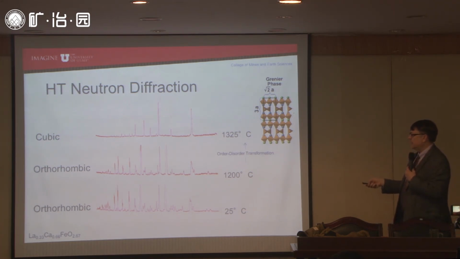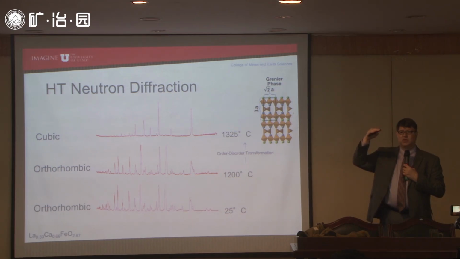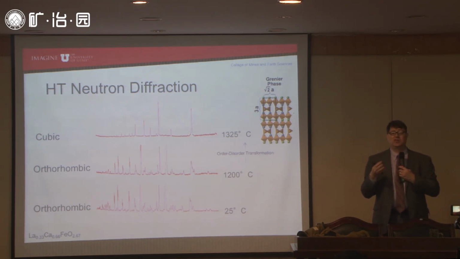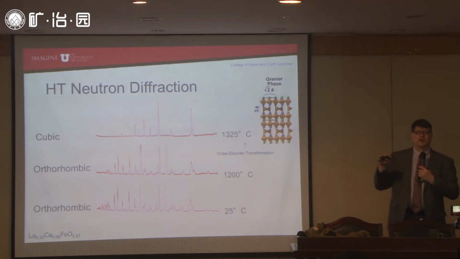In other words, at these temperatures down here, the lanthanum atoms and the calcium atoms are all on 101 planes. They're all ordered. But as you go above that 1320 degrees C, and it becomes cubic, the lanthanum and the calcium don't care where they are so much. So the lanthanum and calcium become randomly distributed in the structure, as opposed to having an ordered structure.